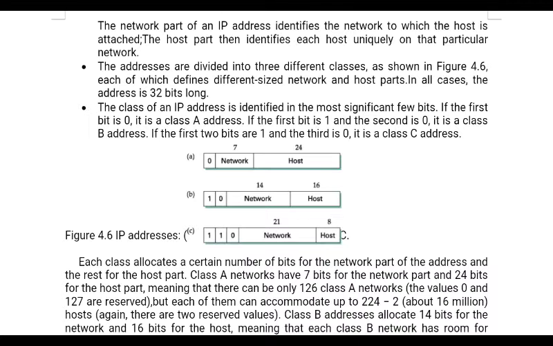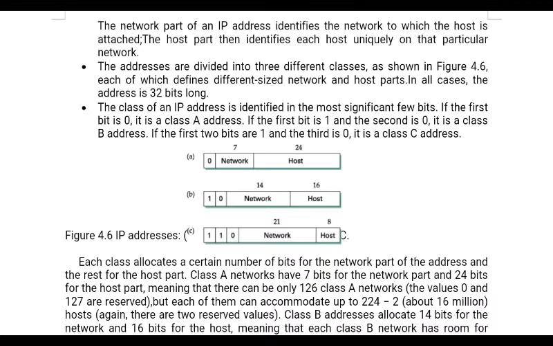In class A, the 7 bits are used to represent the network addresses, so we get 128 network addresses, and 24 bits are used to represent the host address. It means that each network in class A has the capacity to connect up to 16 million hosts. Is it clear? Each network can connect up to 16 million hosts.